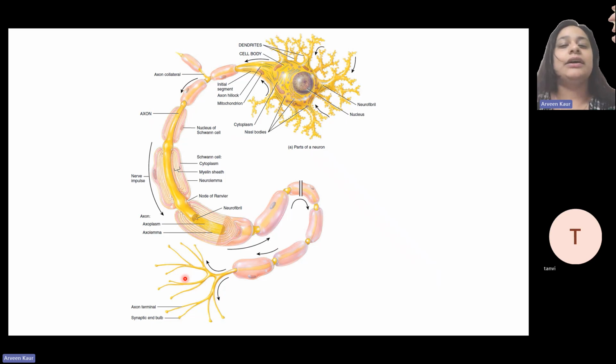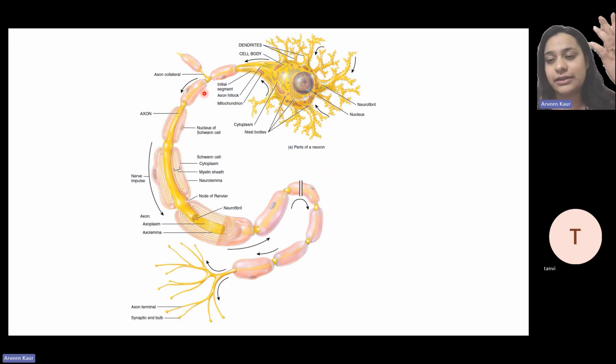And soon we will look at all these other things that we have not already studied, which are Schwann cells. What are they? Myelin sheath, right? Node of Ranvier. So node of Ranvier is basically the place where this sheath is not covering the axon, right? There are spaces in between along this axon where there is no coverage of the sheath, and there are places where the sheath is covering, right?